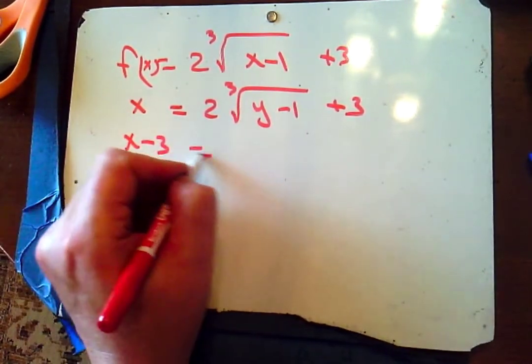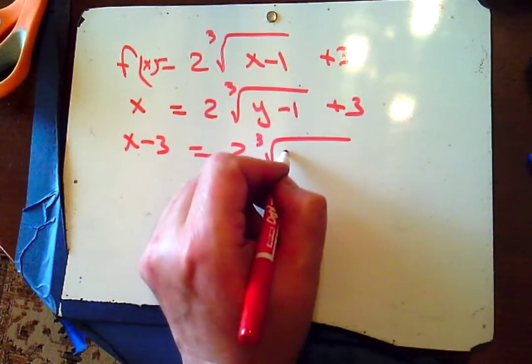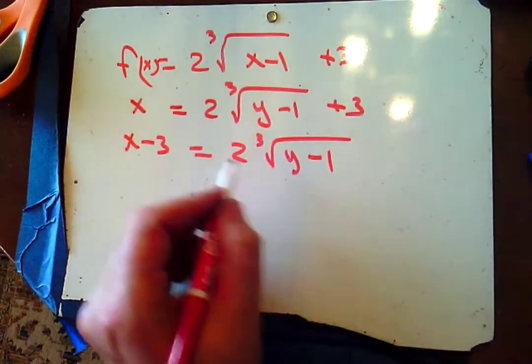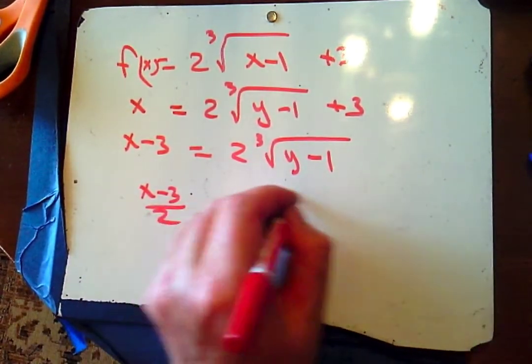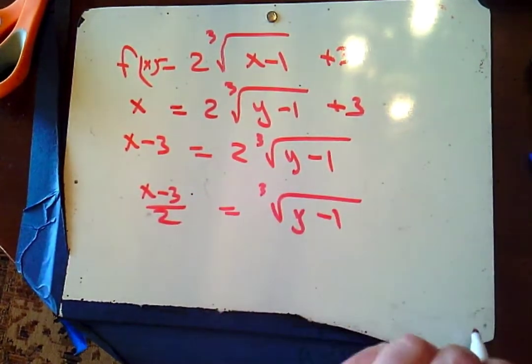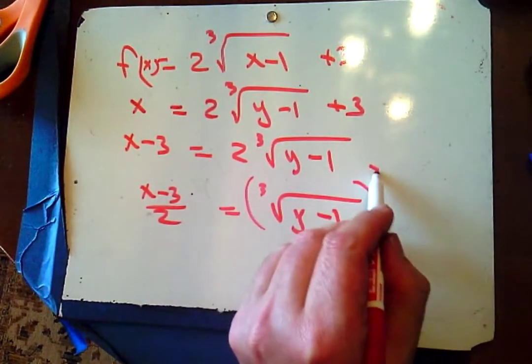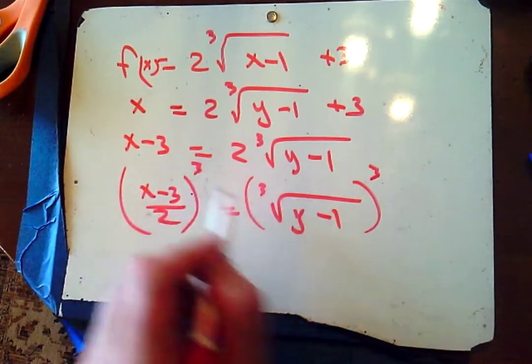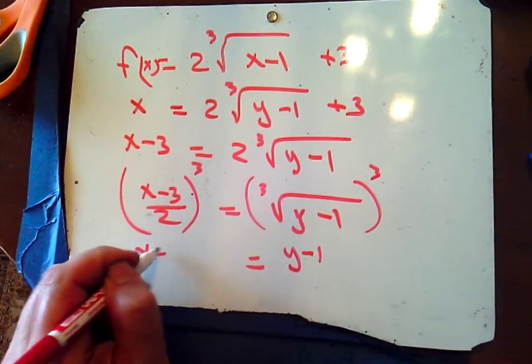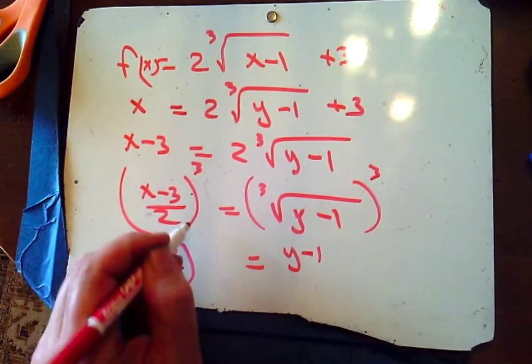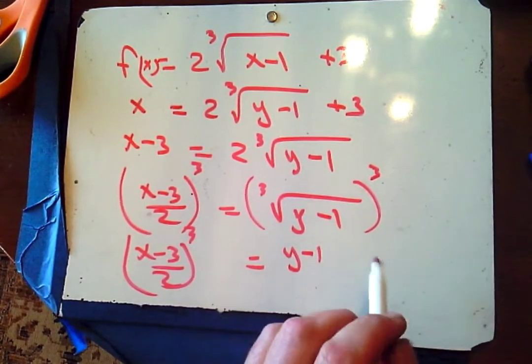I get x minus 3 equals 2 cube root of y minus 1. I divide everywhere by 2. X minus 3 over 2 equals cube root of y minus 1. Now I have to cube both sides. And so I get y minus 1 equals x minus 3 over 2 cubed, and finally add 1.